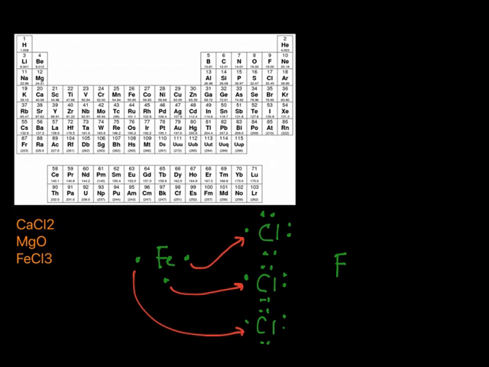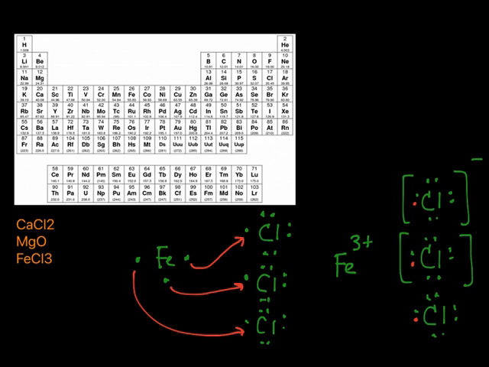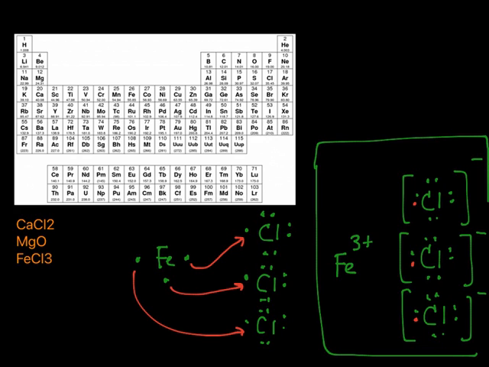Since iron gave away 3 valence electrons, it becomes a 3+ charge, and each chlorine now will have an extra electron from the iron. Since each chlorine has accepted 1 electron, each one will have a -1 charge. So this is your answer for the electron dot diagram for iron 3 chloride.